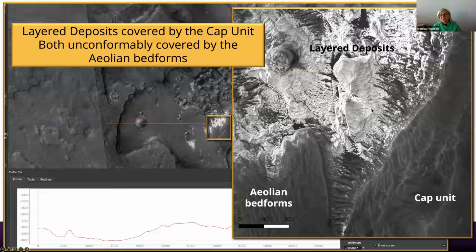So it means that there is time between the formation of the layered deposit, the cap unit, and the aeolian bedforms. I will speak about the contact between the layered deposits and the cap unit later on. So these are very simple stratigraphic relations.